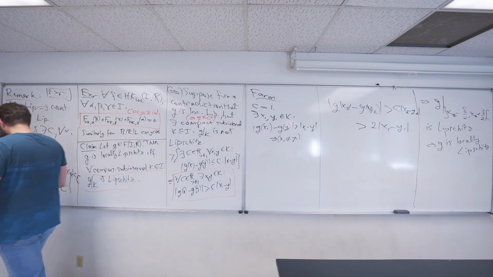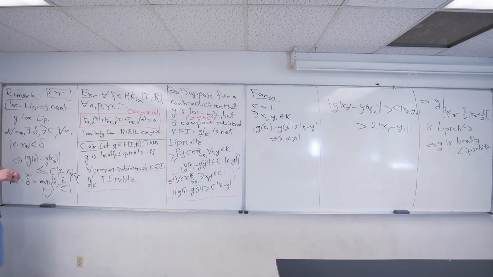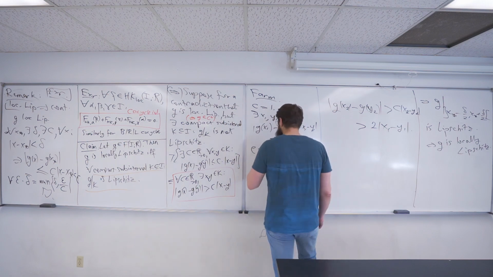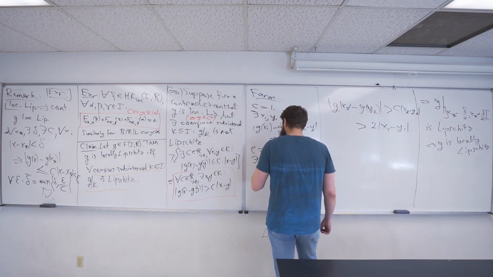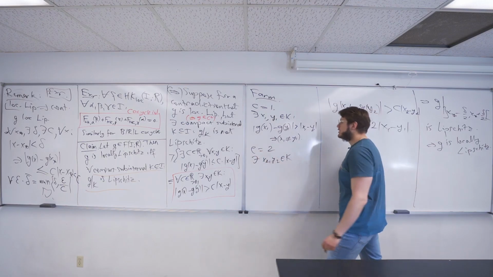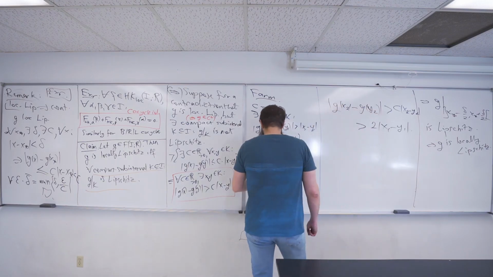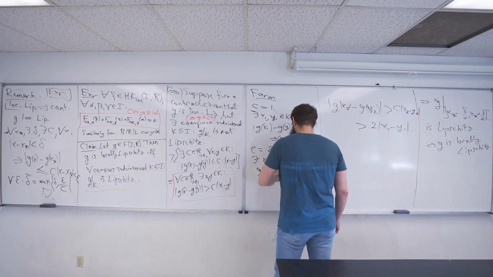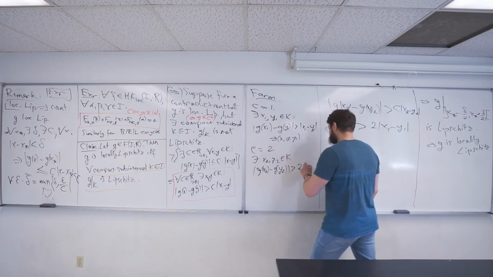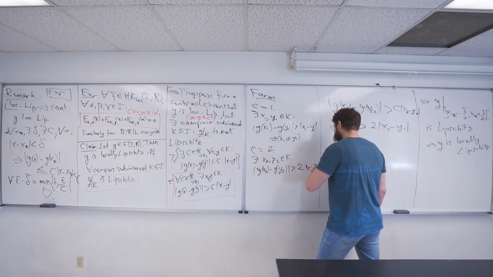How can I? So if I choose C something like 2, for instance, let's just write it for now. I don't think this is going to work, but let's try to figure it out. If I were to choose C to be 2, then that would give me 2 points, x2 and y2, such that this happens. It is upper bounded by 2 times x2 minus y2.